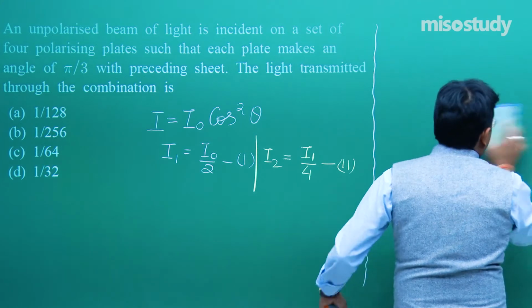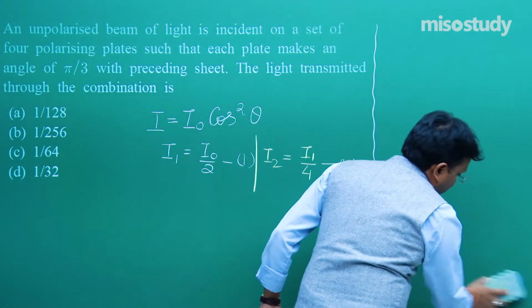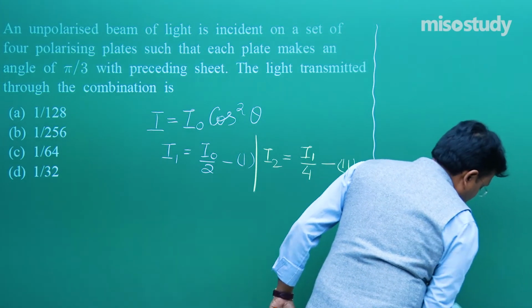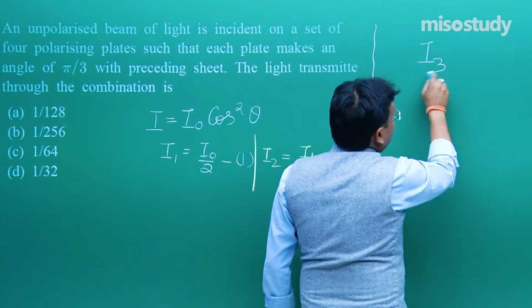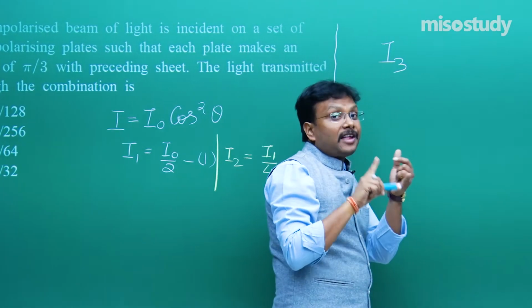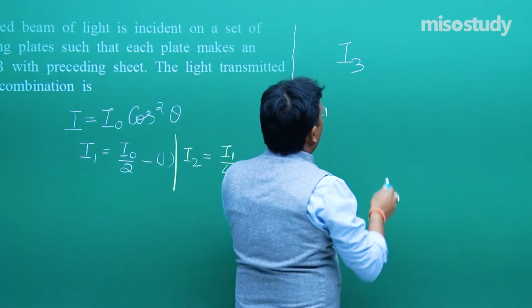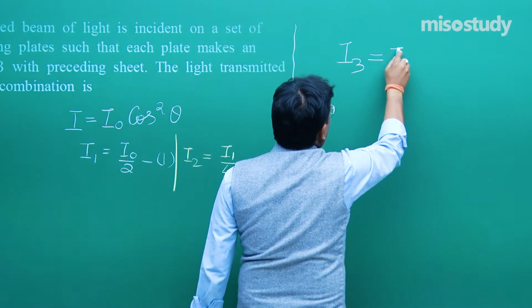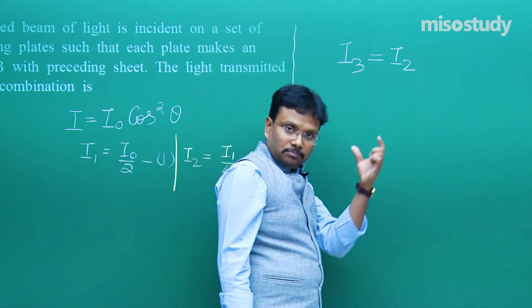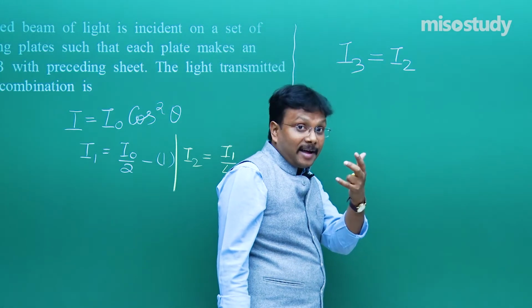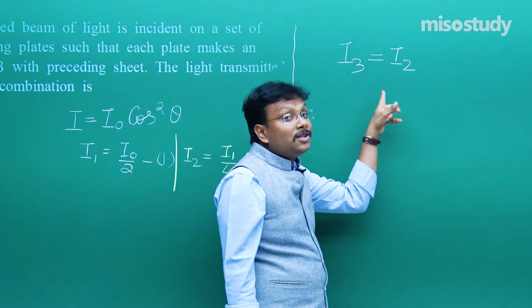Then go for the third plate, that is I3. I3 means first plate, second plate, third plate. So I3 is equal to I2 cos square pi by 3, because the waves coming out from this second plate ultimately reach this third plate.